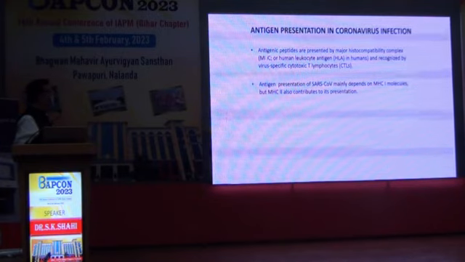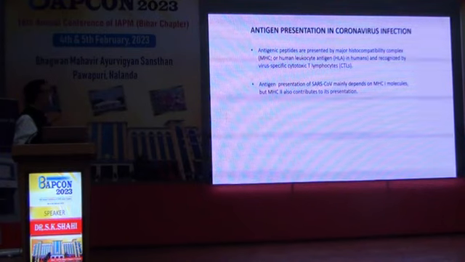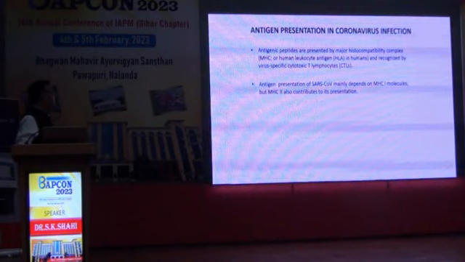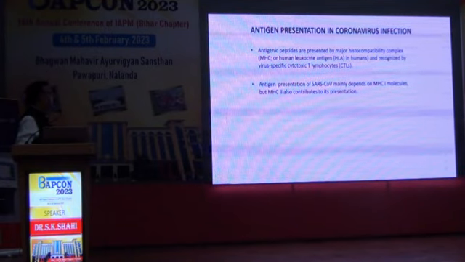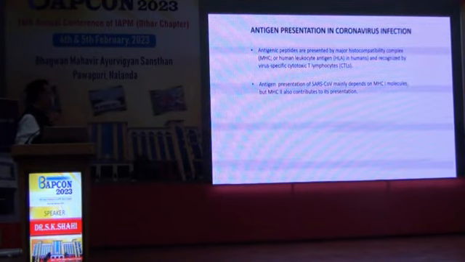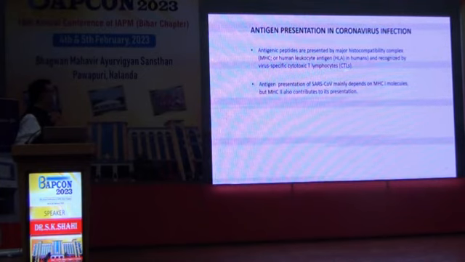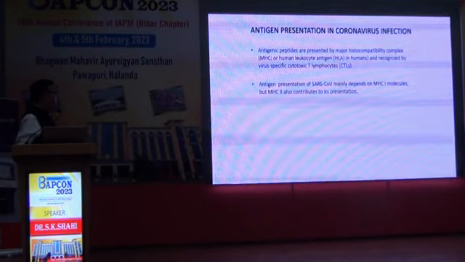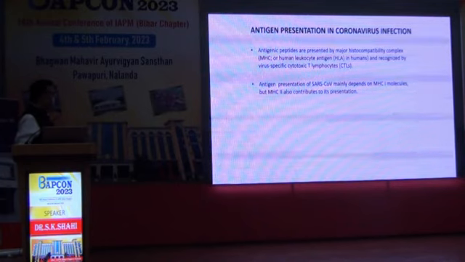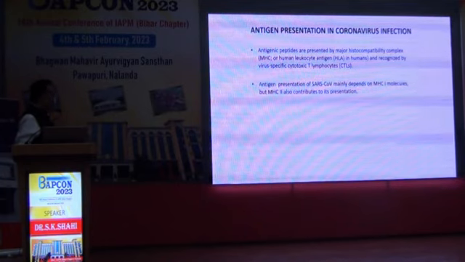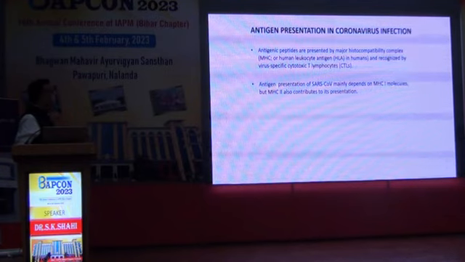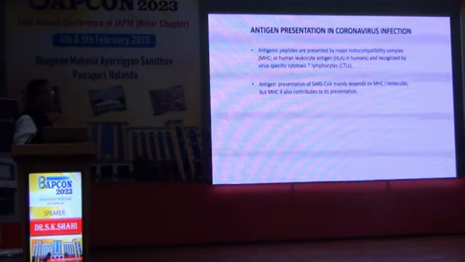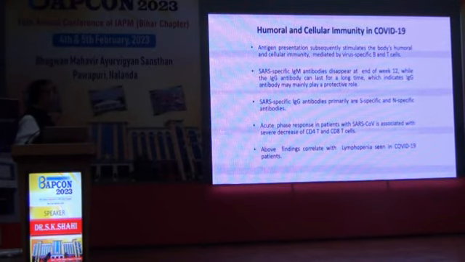These antigen peptides are presented in the HLA complex, that is HLA in humans, and recognized by the virus-specific cytotoxic T lymphocytes. In SARS-CoV, the antigen presentation mainly depends upon the MHC class I molecules, and MHC class II molecules also contribute to the presentation.